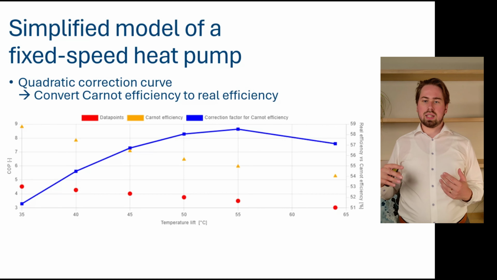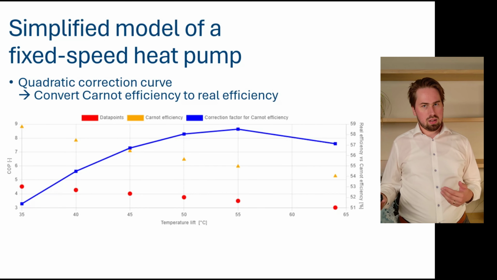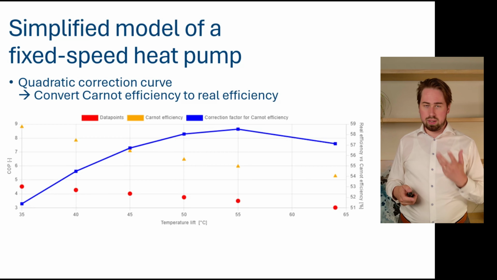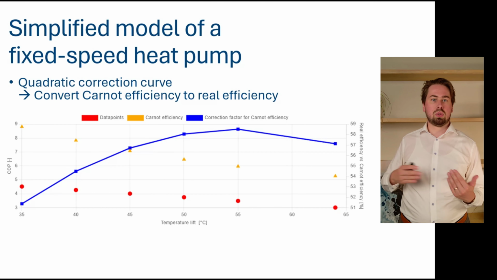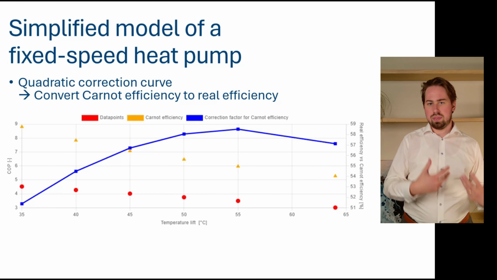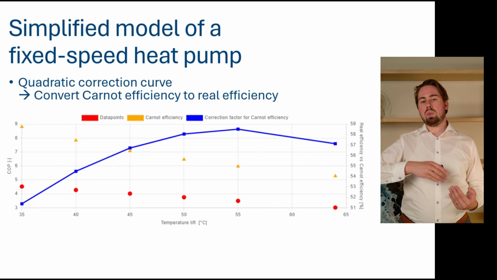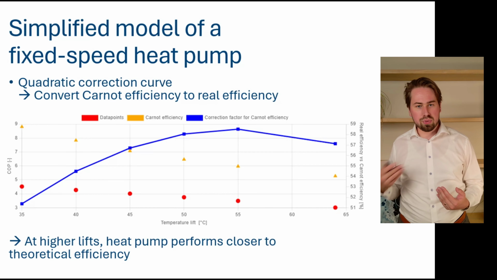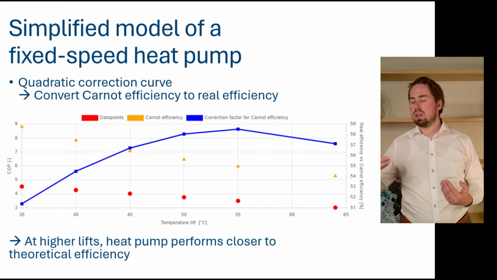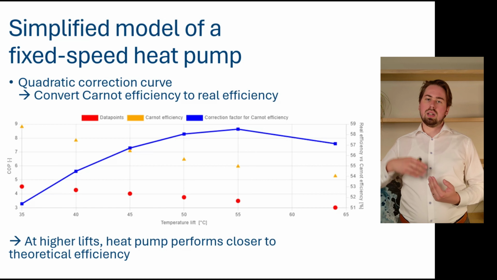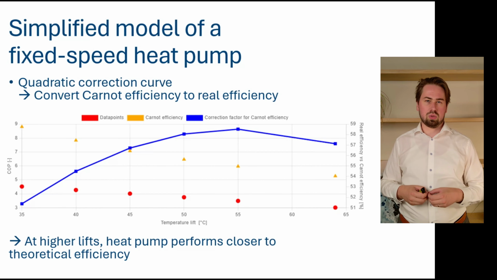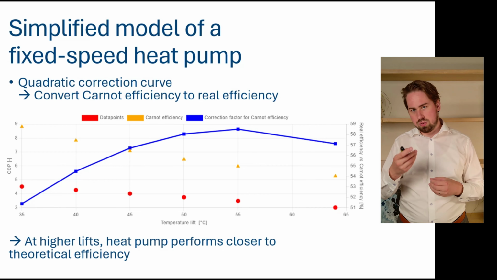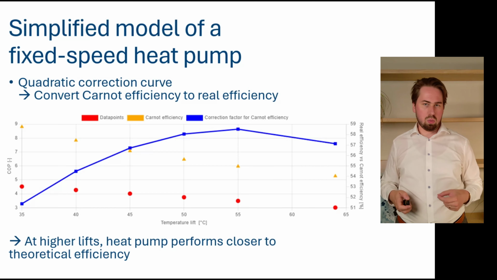And you can see here that's between 50 and 60%. So our heat pump that we're modeling here has an efficiency that is between 50 and 60% of the theoretical efficiency. And when we go towards a higher lift, towards 50, 55, for example, in this case, our real efficiency will be closer to the theoretical one.